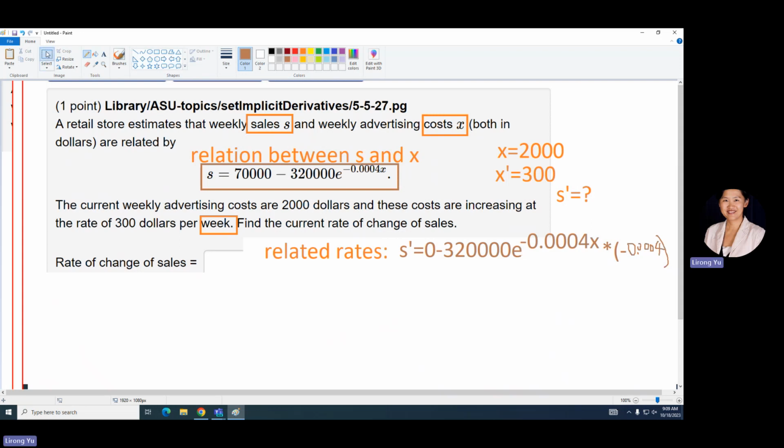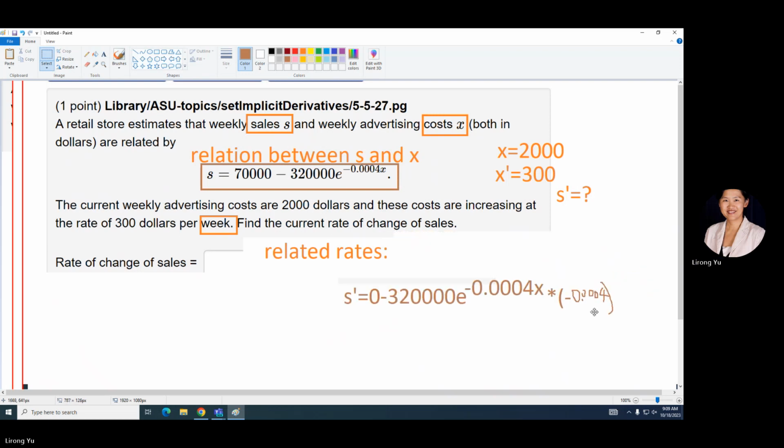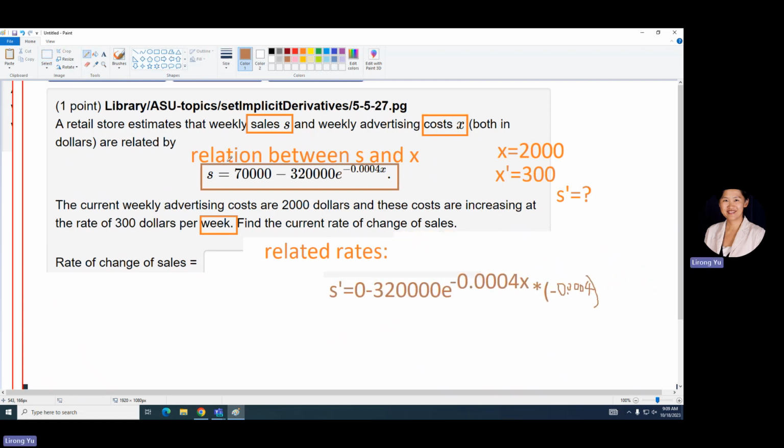It's like implicit differentiation: x and s are both functions, so whenever you finish differentiating, you follow it by the prime part. This one we have x prime, this one we follow by x prime.